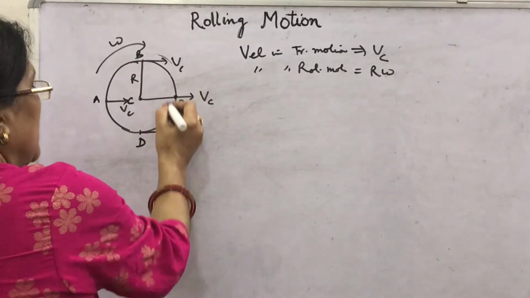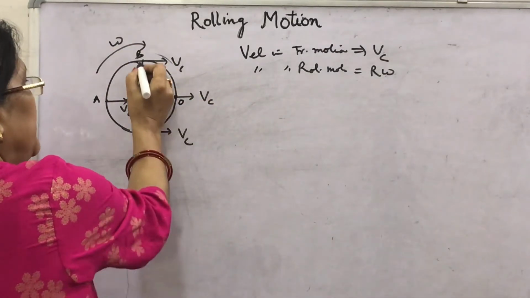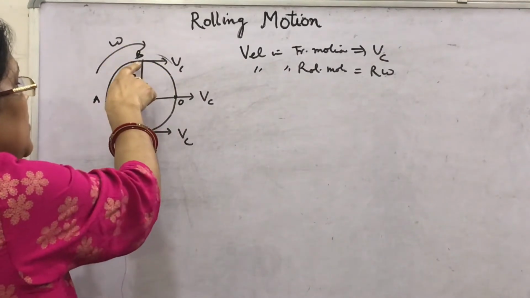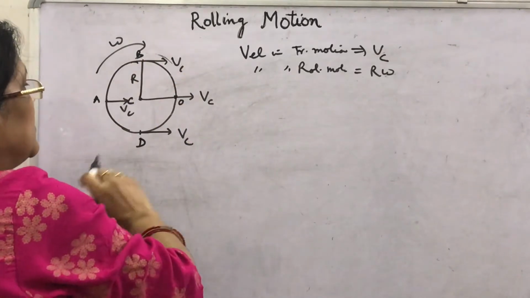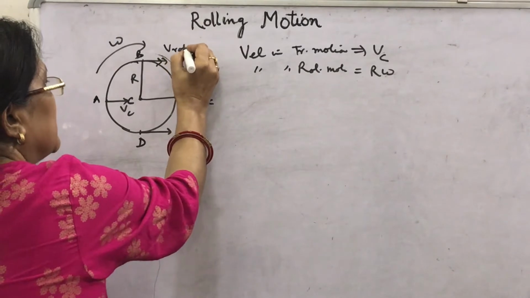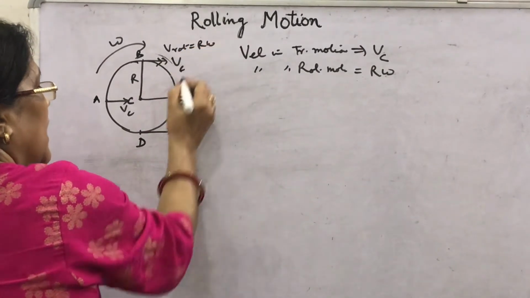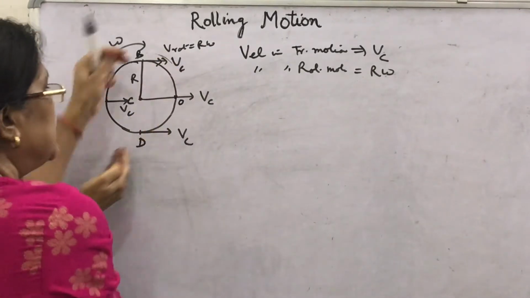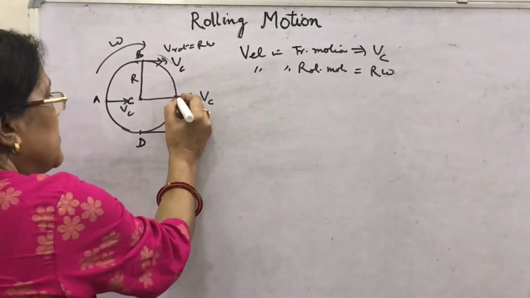Then as per the direction of omega, look here at point B, the object is rotating, then what will be the velocity? The radius R is perpendicular to this. So this will also be the direction of velocity in rotational motion, and that will be R omega. At point O, look, the object is rotating, so where is the rotational velocity?